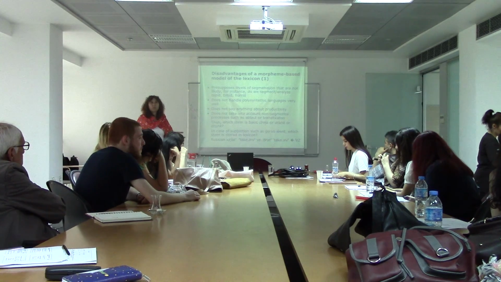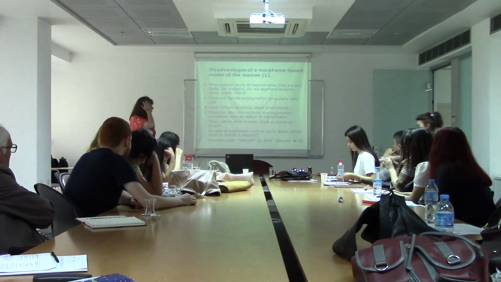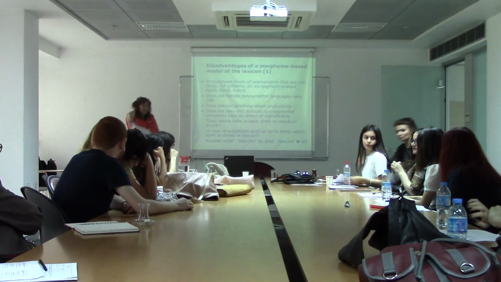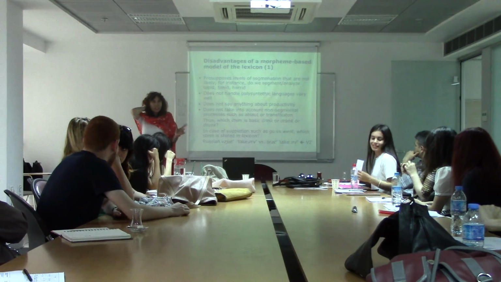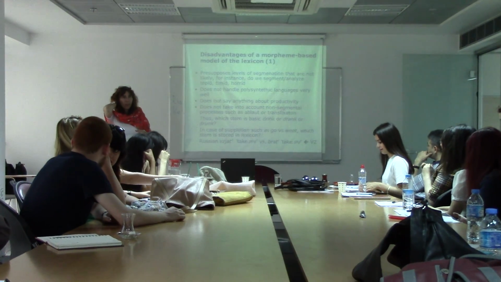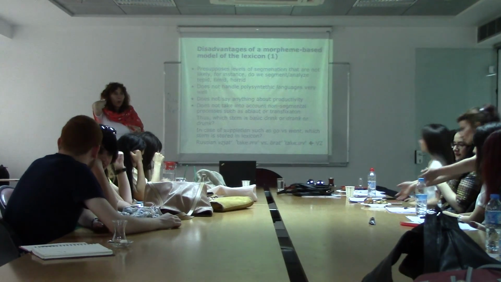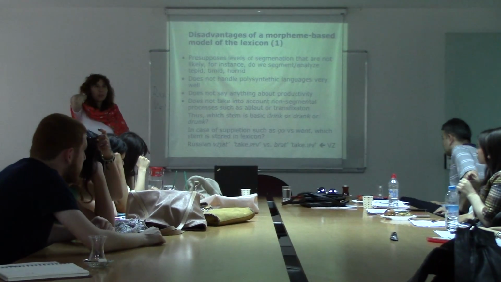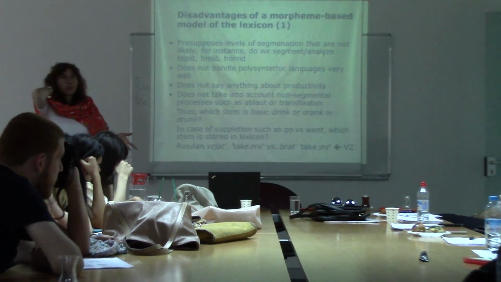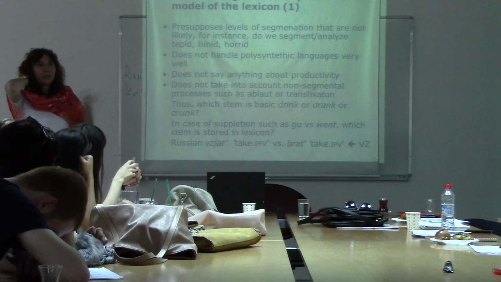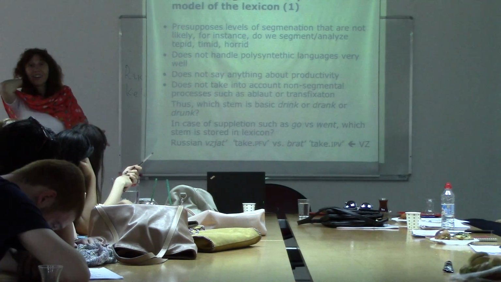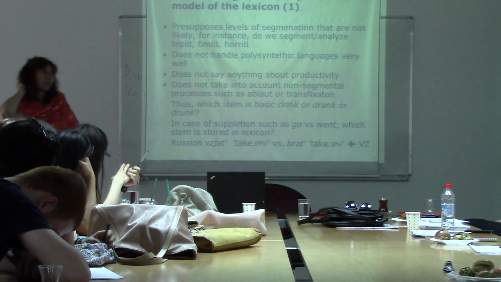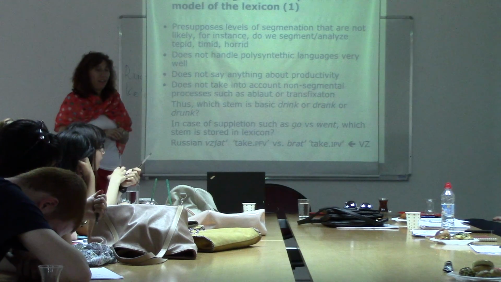You just have these rules and you apply them. It presupposes segmentation on all levels. So there is no mention of what you do with ablaut, what you do with stem change. Do you store like a go, or do you store a length? It's not clear in a morpheme-based lexicon.